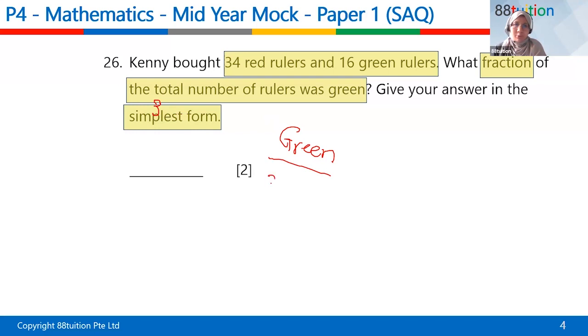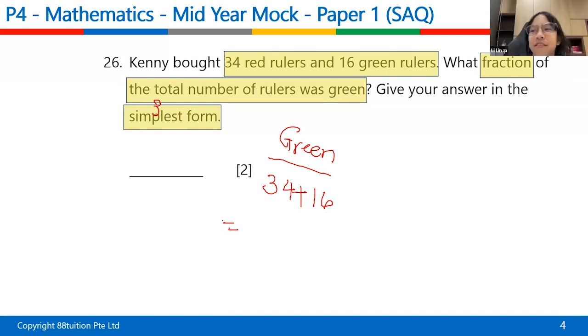What is the total number of rulers? That would be 34 plus 16, right? So what's the number of green rulers? 16. Thank you. Over, what is 34 plus 16?